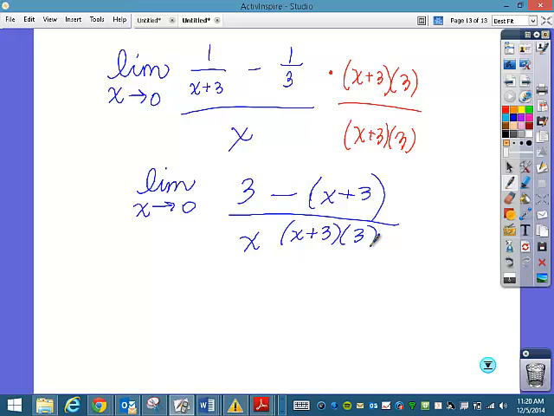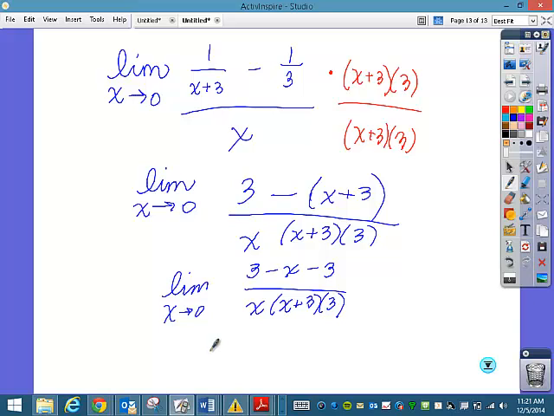Okay. I'm going to distribute that negative to get 3 minus x minus 3 over x times x plus 3 times 3. And so the 3 and the negative 3 are going to cancel each other out. So I'm going to be left with the limit as x approaches 0 of negative x over x times x plus 3 times 3.